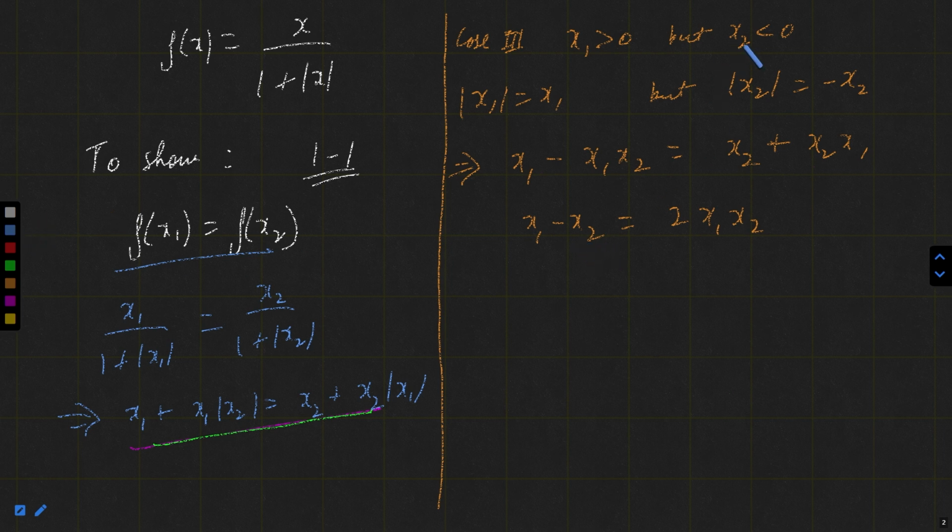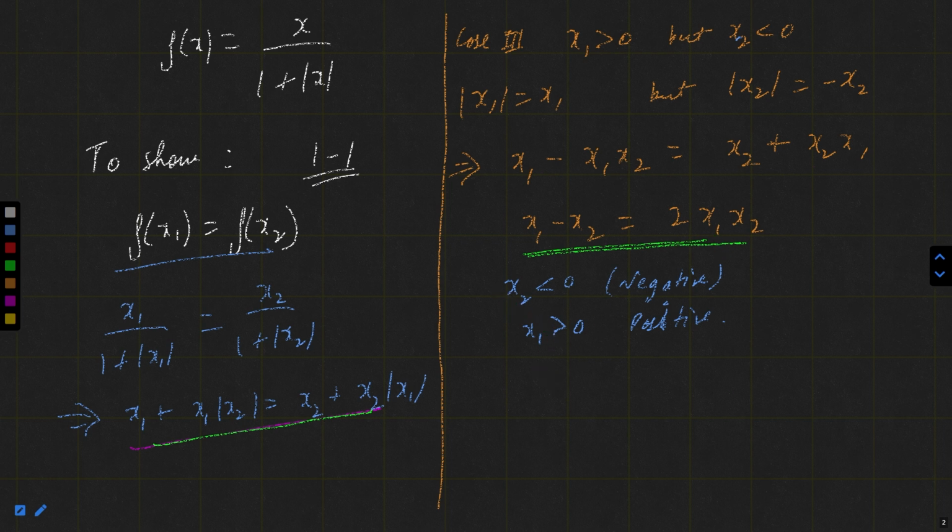Now as x2 is negative, and x1 is positive, what can we conclude? Just look at this equation.